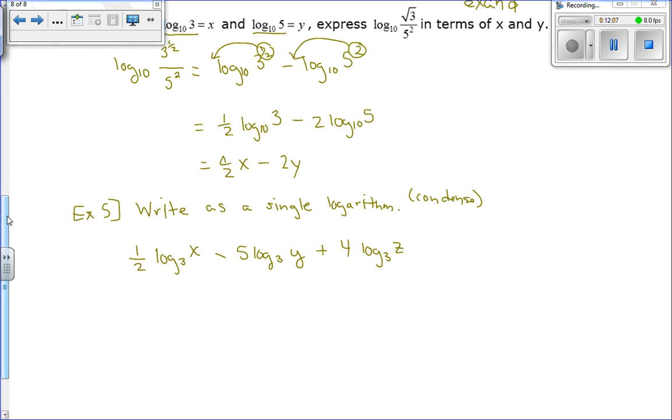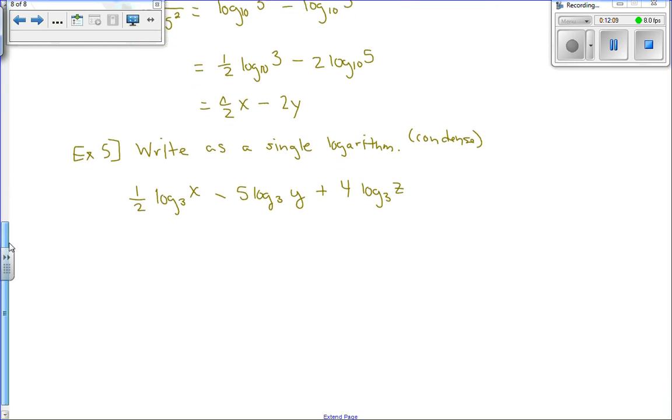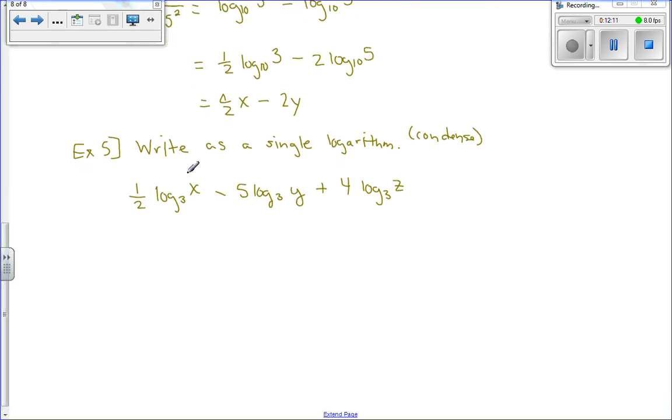In this case, we're going to take our properties and work them backwards. So before, when we had an exponent, we brought it out in front. Now, if we have a number out in front of our log, we're going to take it and put it in the exponent. There are 3 coefficients here, and I'm going to take all of my coefficients and turn them into exponents.